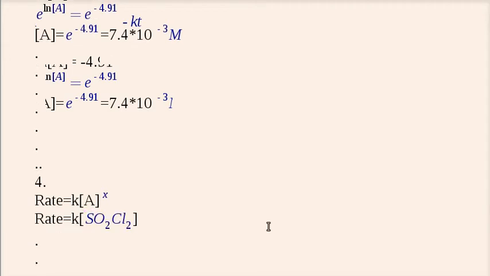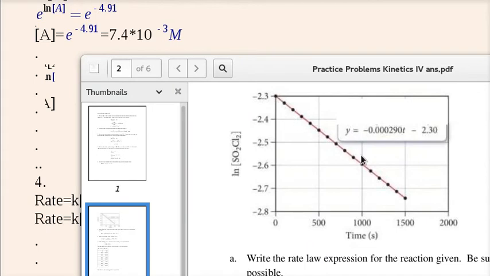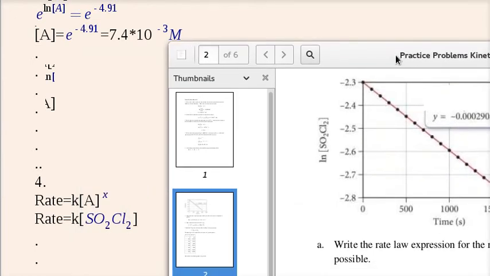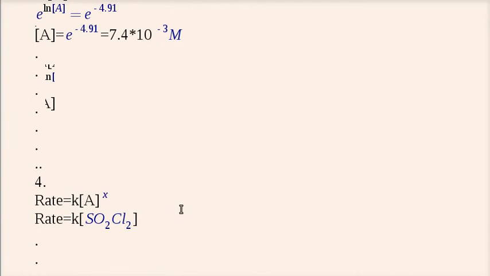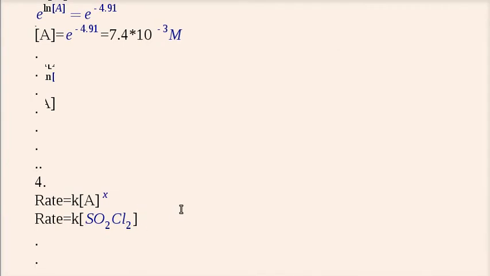So for the X, this X is the order, and we can see that this is a linear graph with time on the x-axis. Natural log, hey, natural log, that's important. Usually natural log of the concentration on the y-axis, and time on the x-axis. If that's a line, then that tells us it's first order. So I could write to the power of 1, or just write nothing. That's usually the convention. Omit the 1.